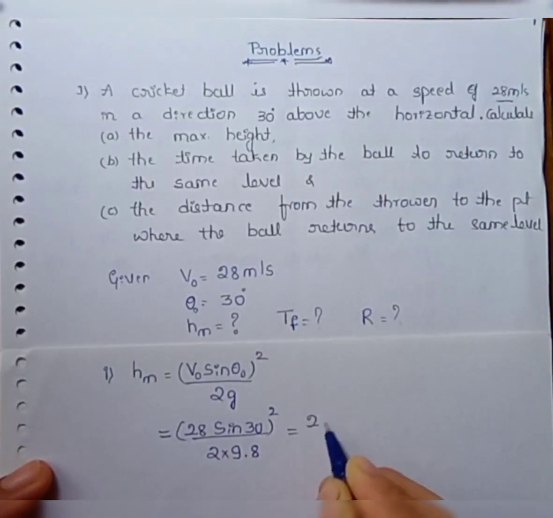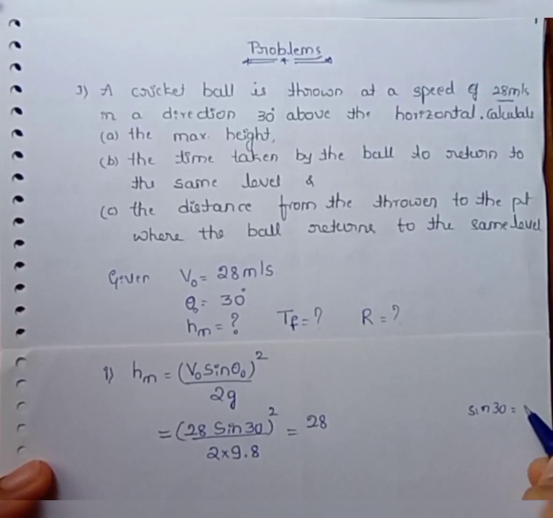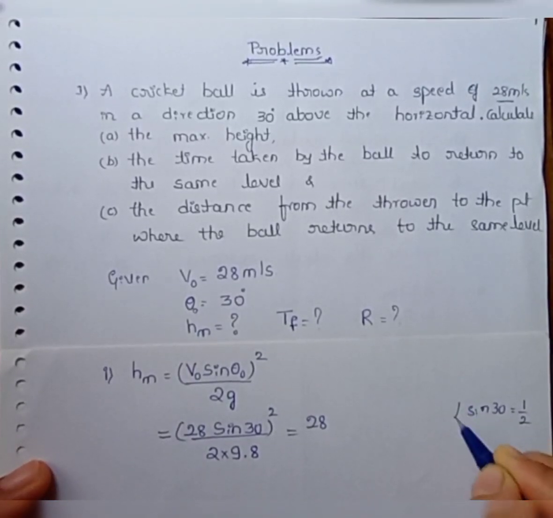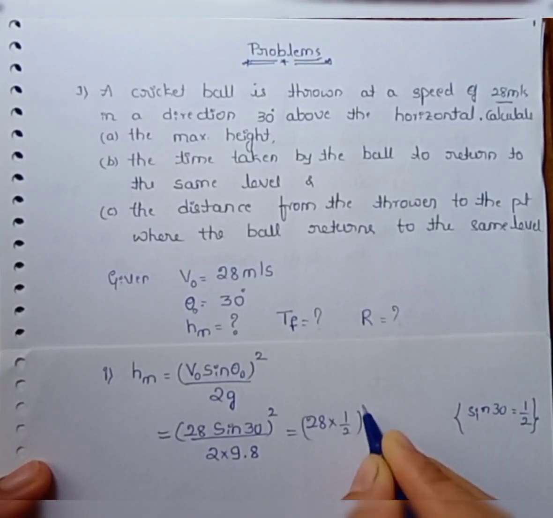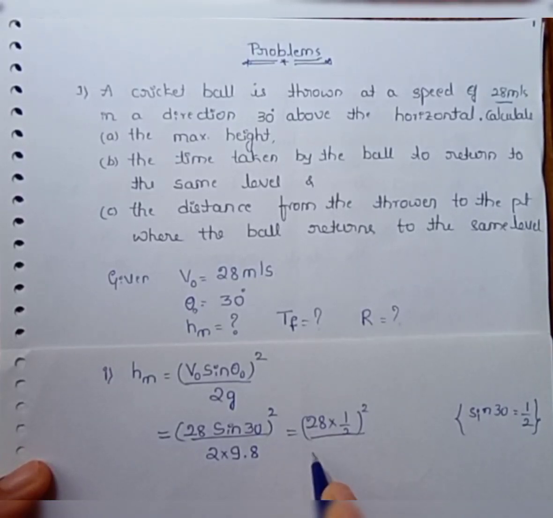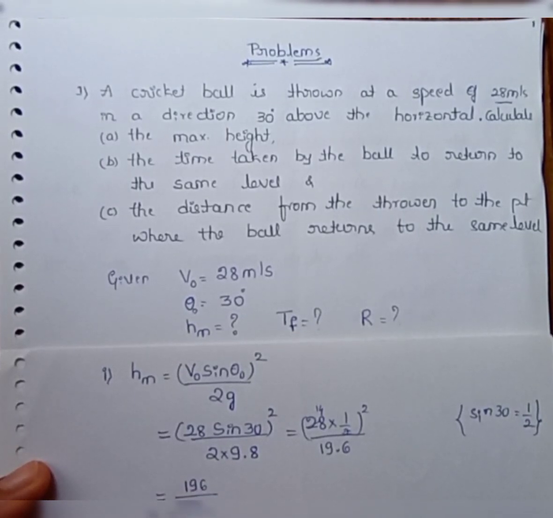Sin 30 equals 1 by 2, so 28 into 1 by 2 whole square divided by 2 into 9.8, which is 19.6. 2 fourteens are 28, so 14 square is 196 divided by 19.6. So the answer for hm equals 10.0 meter. Therefore, the maximum height attained is 10 meter.